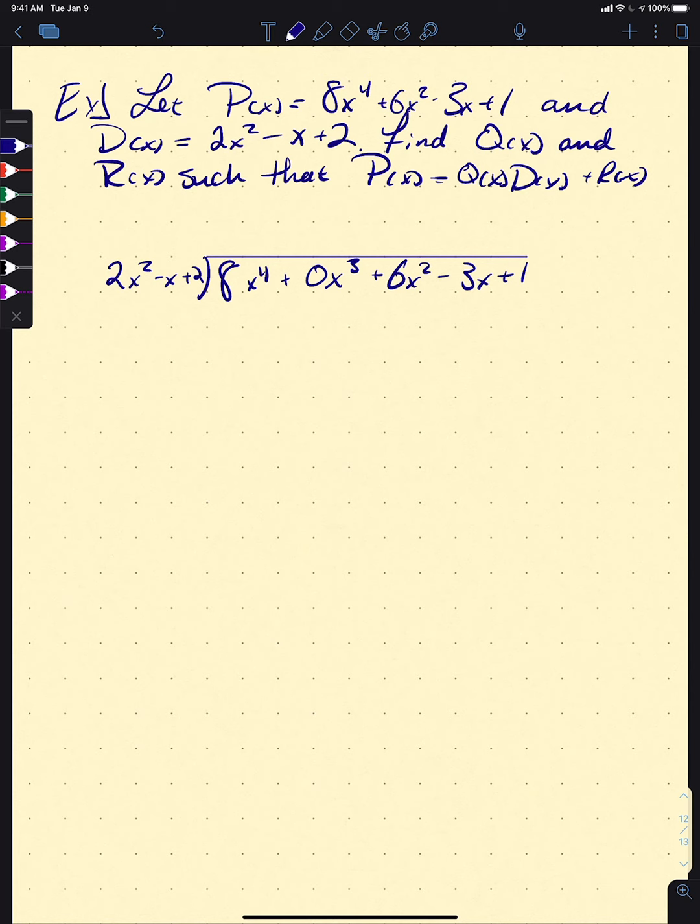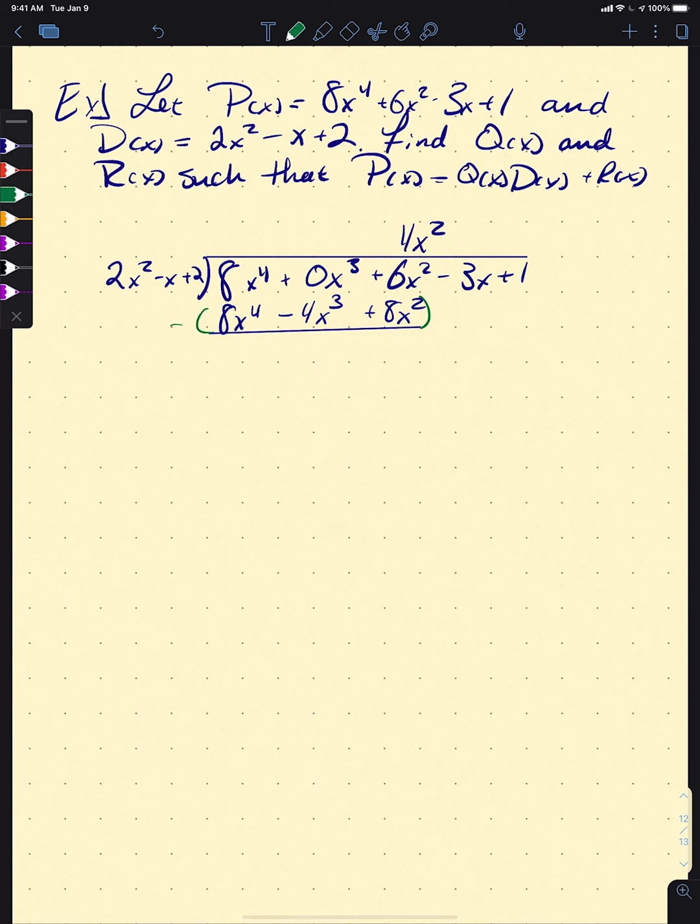Well, it would look to me like the thing we're looking for is a 4x squared. Right, so 4x squared times 2x squared minus x plus 2 is going to be 8x to the fourth, minus 4x cubed, plus 8x squared. Perfect.